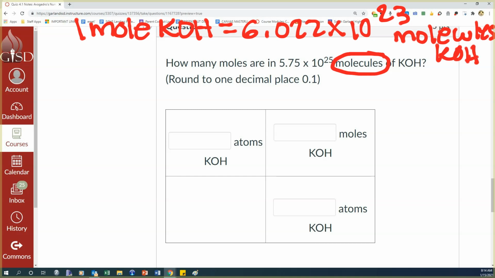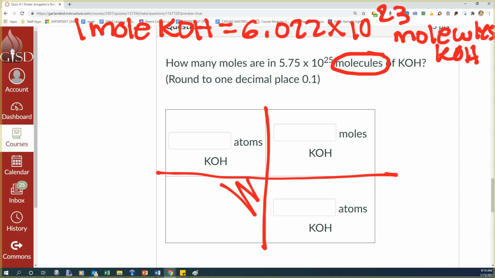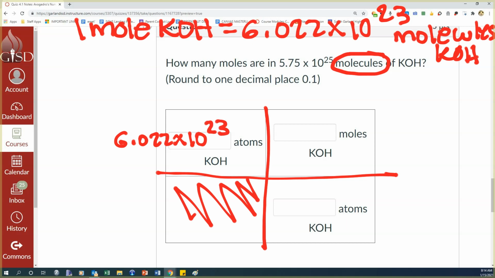Same as always, the solution, go draw the grids. The given goes in the first box. In our case, it's 6.022 times 10 to the 23rd. Again, guys, you need that little hat sign because 23 is not going to go in there. So the atoms is the given, which is wrong.